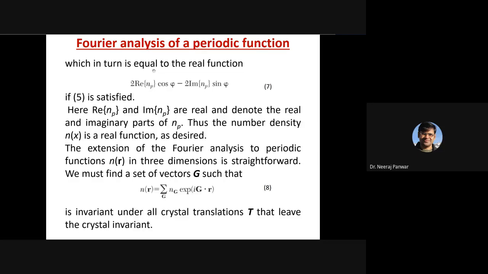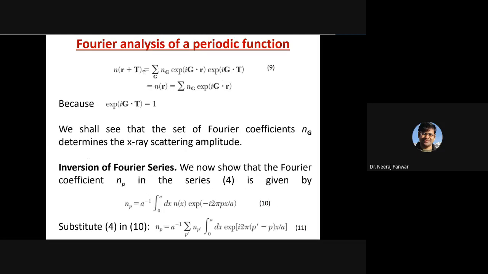should be equal to, if in place of r we replace r+T, so n(r+T) would be equal to summation over G of nG exponential to the power iG·r and exponential to the power iG·T.